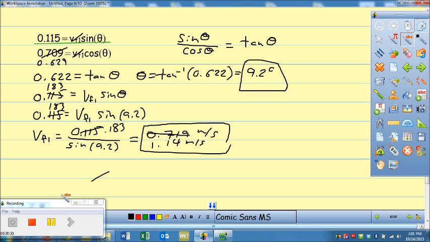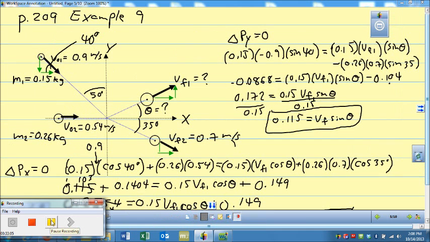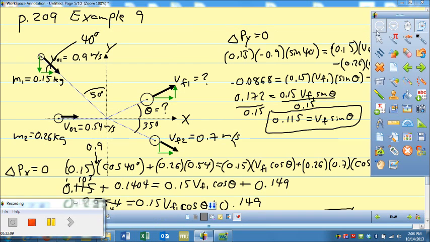I'm going to pause it and take another look and see if I can figure out why we're getting worse here. Okay, I found the problem. This here is supposed to be 0.0172. So 0.0172 divided by 0.15 gives us 0.115.